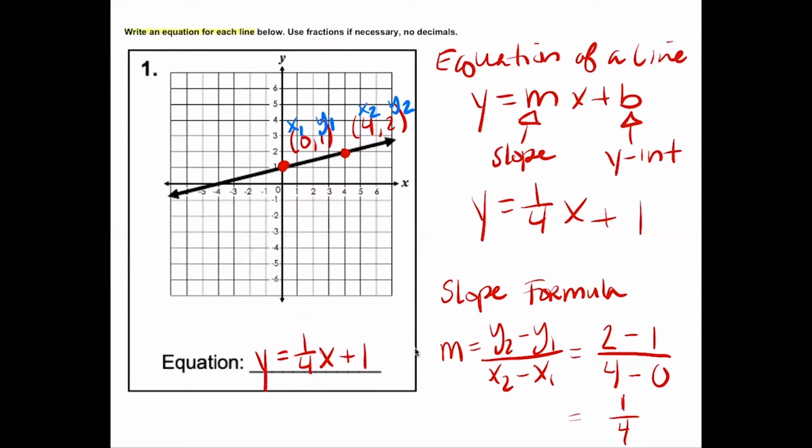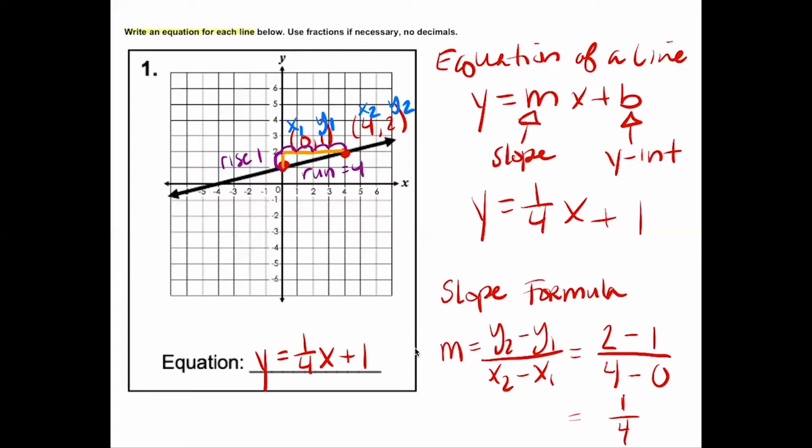A quicker way you may have been taught to find the slope is to do rise over run. Let me get another color so I can review that with you. To go from the first point to the second point, we could draw a triangle connecting the points, and we are going to rise 1, and we are going to run 1, 2, 3, 4.